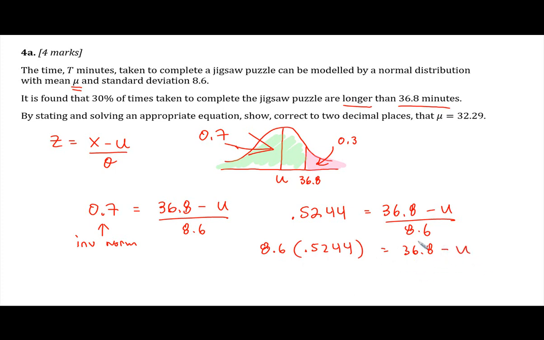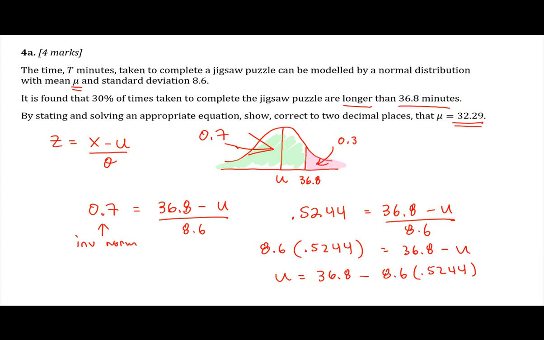So the mean is equal to 36.8 minus 8.6 times 0.5244. If you calculate this, we should get the show that they want, 32.29.